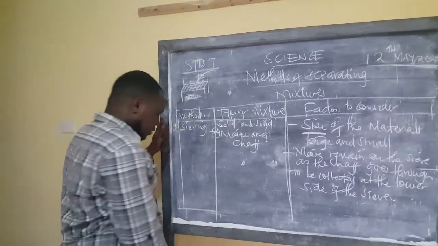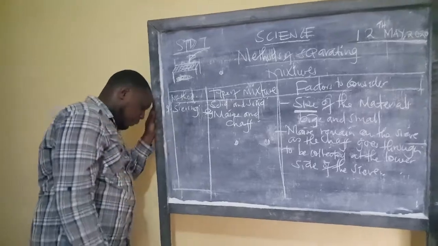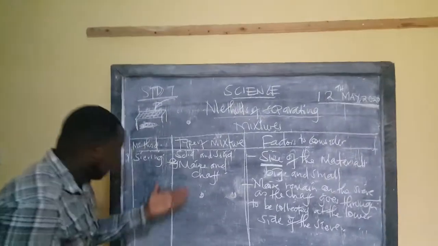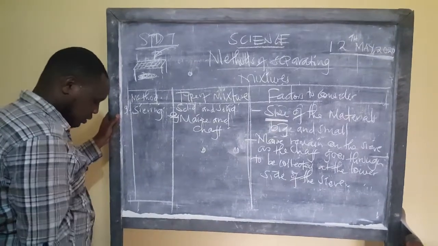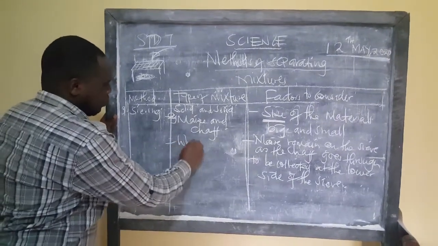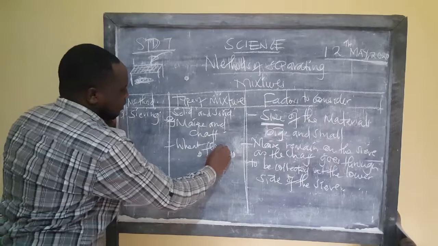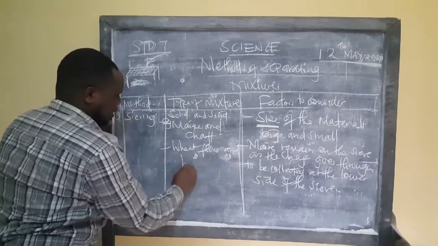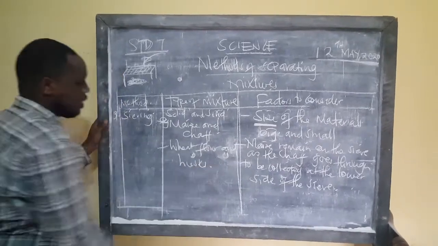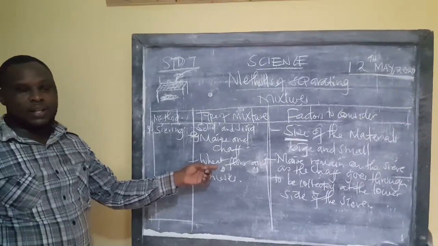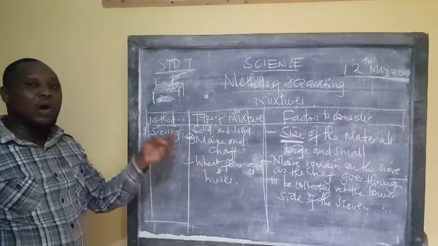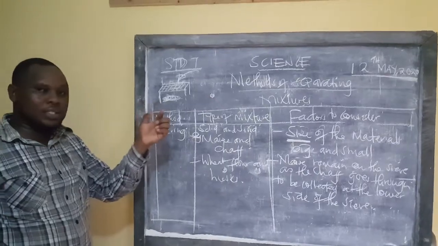We move on, learner, to the next one. So we can have more examples here, like wheat flour and ash. I know you're wondering how wheat flour. But to talk about wheat flour, we talk now about the size of the sieve.